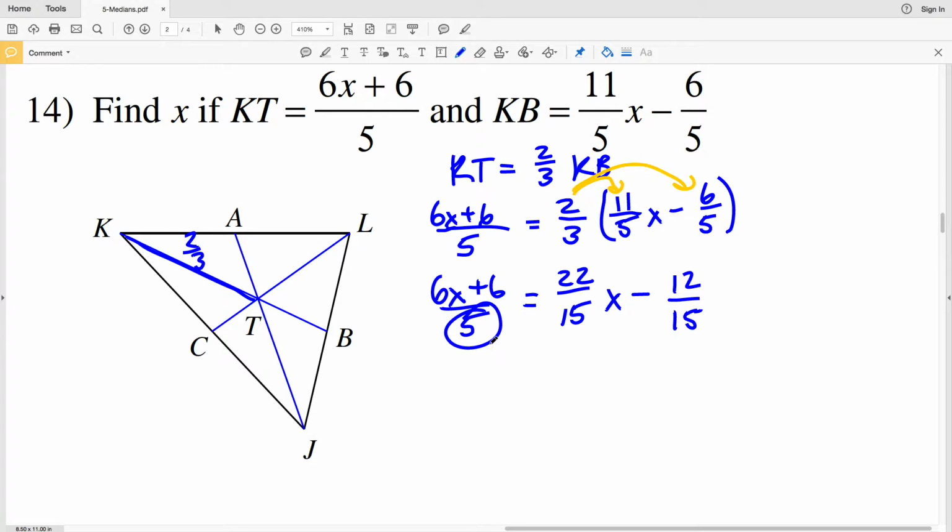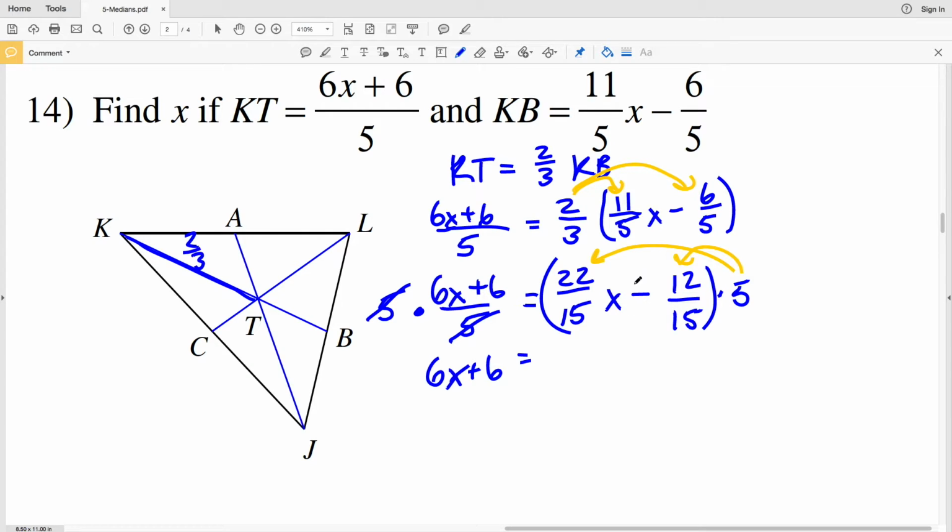Then, in order to get this 5 out of the denominator, I'll multiply both sides by 5, which means that I'm going to be distributing a 5. So I'll have 6x plus 6 equal to 22 times 5, which is 110, over 15, times x, which, when simplified, is 7 1/3 x, minus 12/15 times 5, which equals 4.